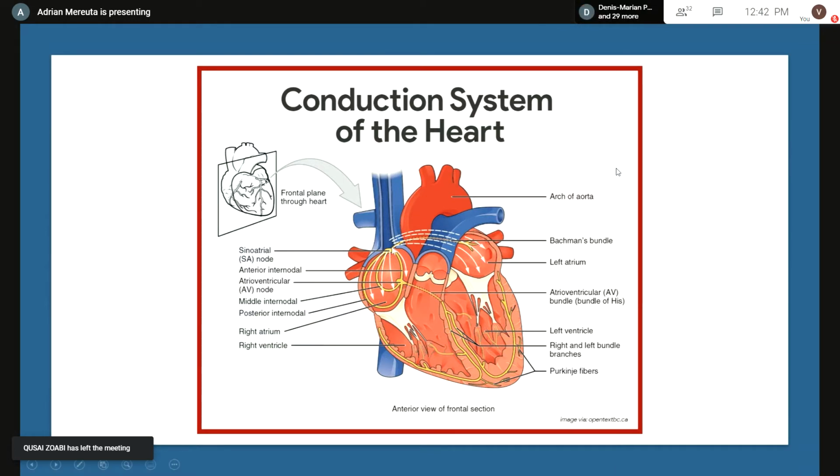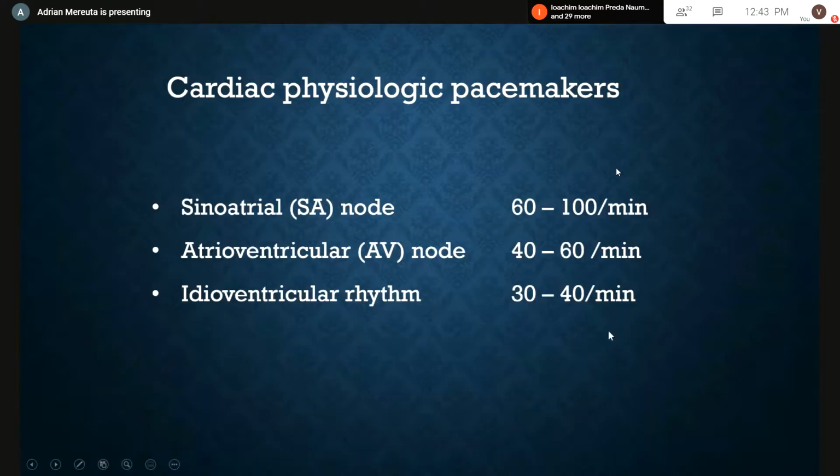And what you see here are some atrial pathways through which the impulse comes quicker from the sinoatrial node to the atrioventricular node. After that, it's the His bundle, which is divided into left and right branches, and finally, small Purkinje fibers. These are the most important two nodes, sinoatrial and atrioventricular.